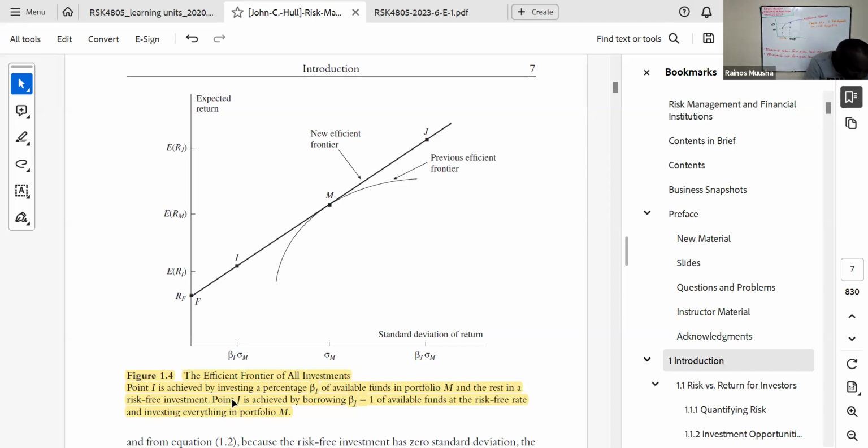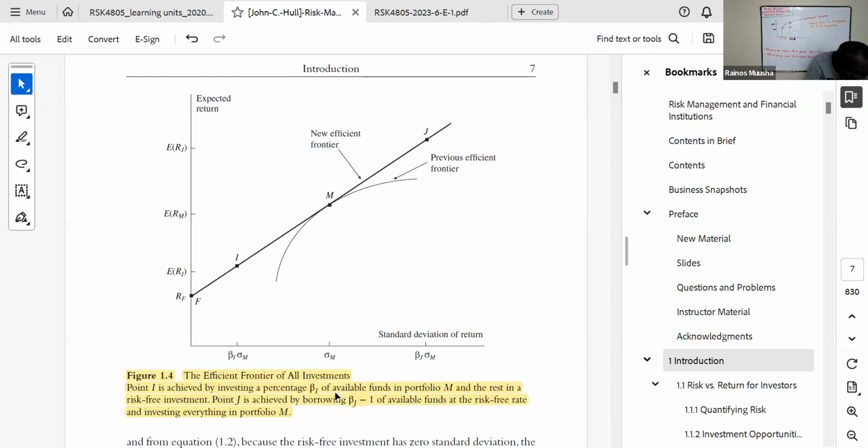Then they also say point J, which is the other point there, is achieved by borrowing. So it's going to be found by borrowing an amount of BJ minus 1 of available funds at the risk-free rate. Which means your weighting of BJ minus 1 is the weighting that you're going to be allocating to the risk-free asset.